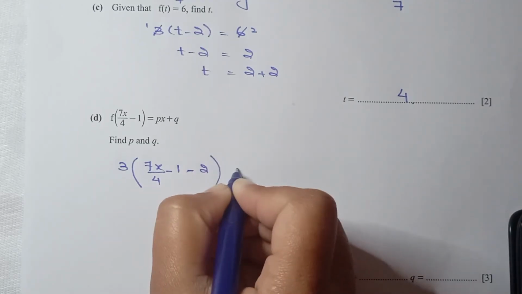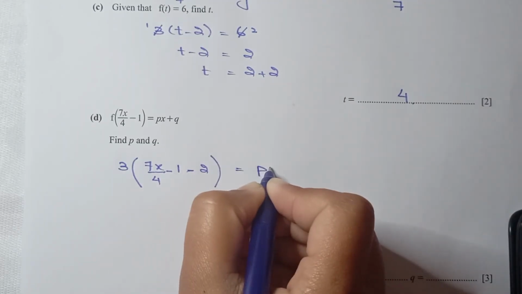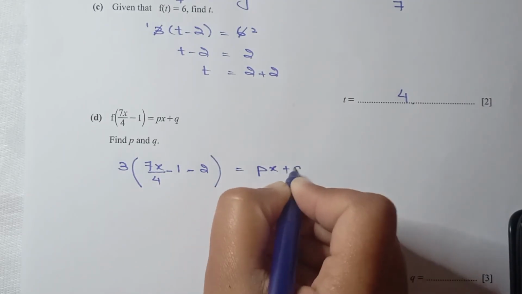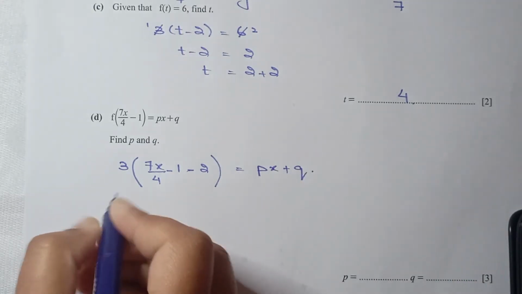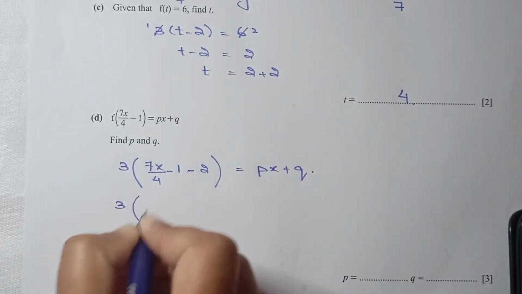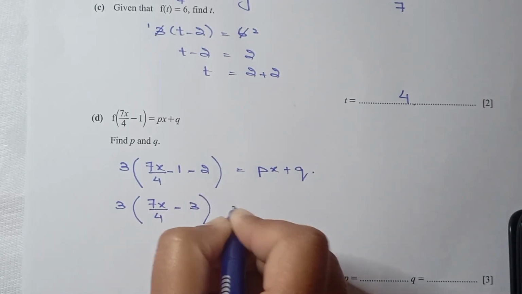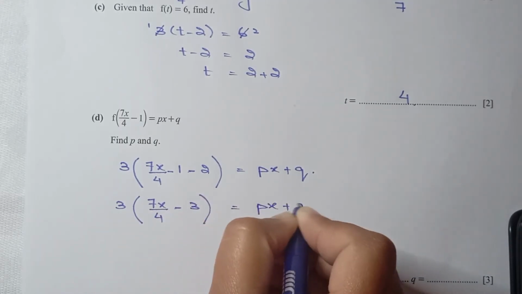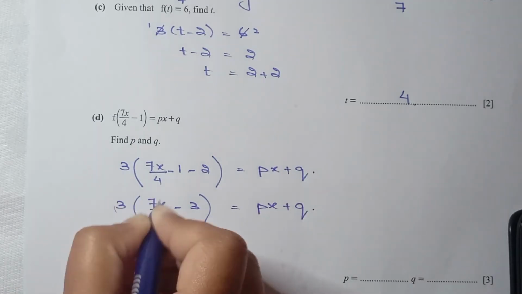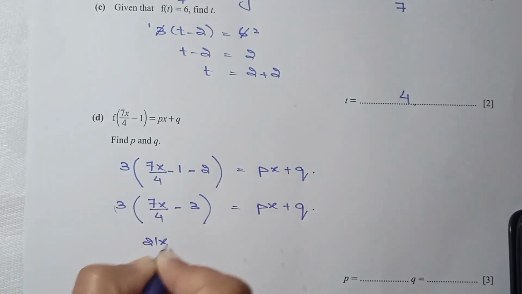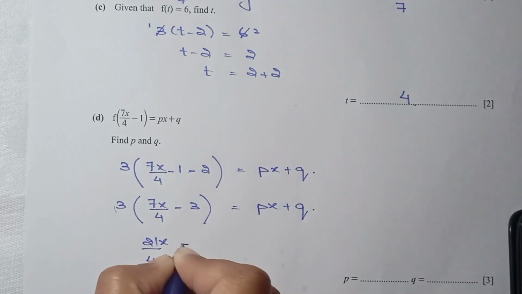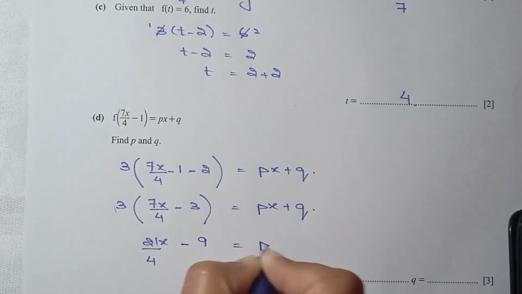This would be equal to px plus q, right? So from here 3 into 7x by 4 subtracting 3 would be equal to px plus q, and 3 times 7 is 21x over 4 and 3 times 3 is 9, minus 9. This would be equal to px plus q.